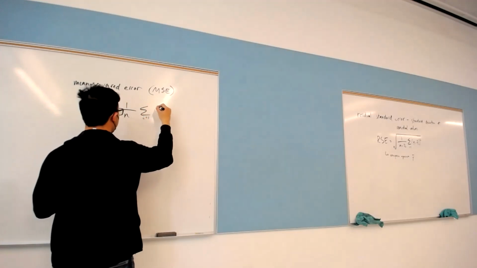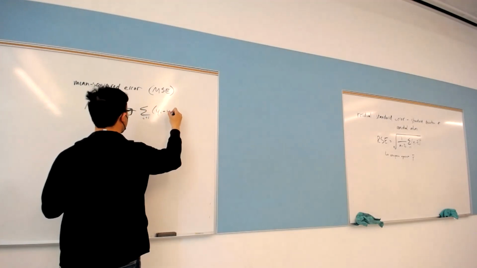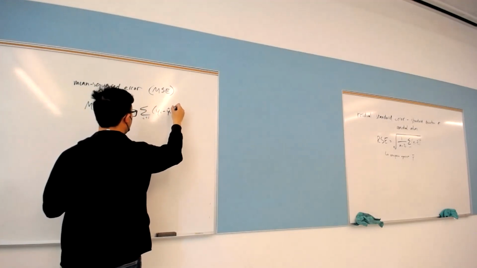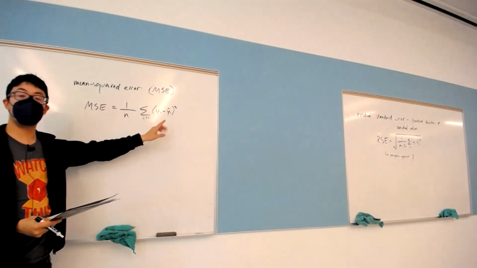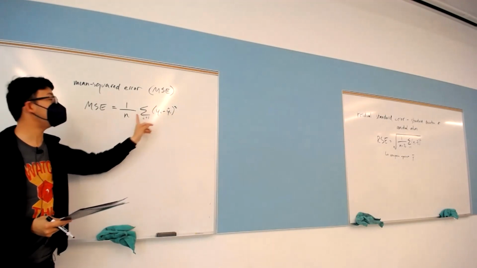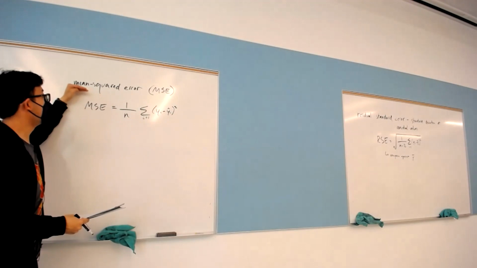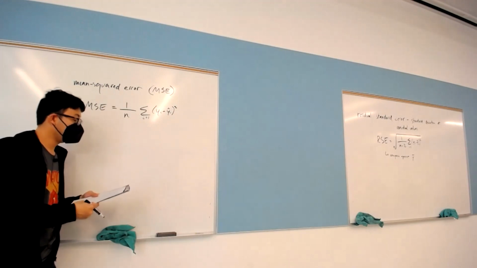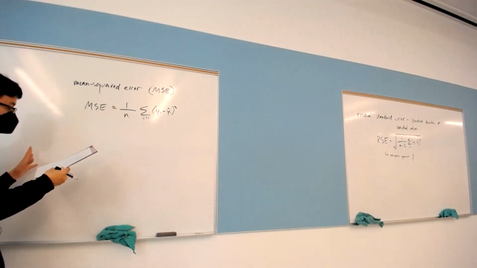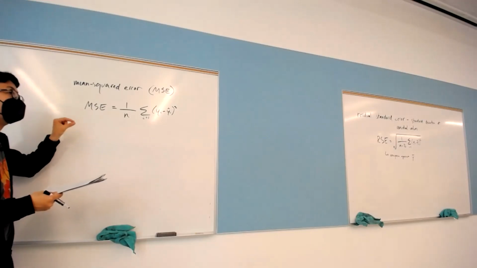So this just looks like this. Okay, so I take my residuals here, I square them, and then I divide by n. So it is the average of the squared errors. So think about this qualitatively.